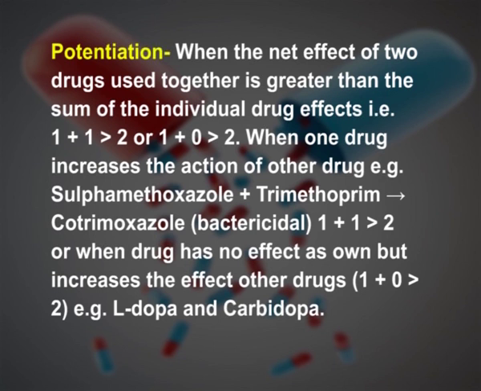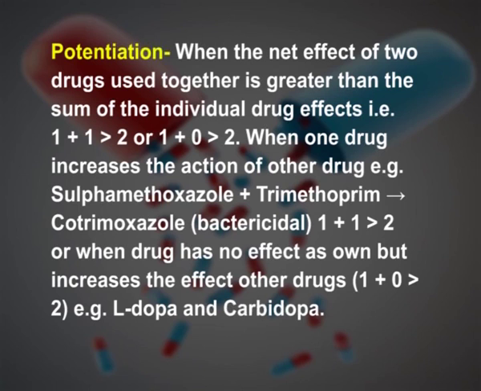Example, sulfamethoxazole plus trimethoprim will give cotrimoxazole, that is bactericidal. It involves 1 plus 1 is greater than 2, or when the drug has no effect on its own but increases the effect of other drugs, that is 1 plus 0 is greater than 2.